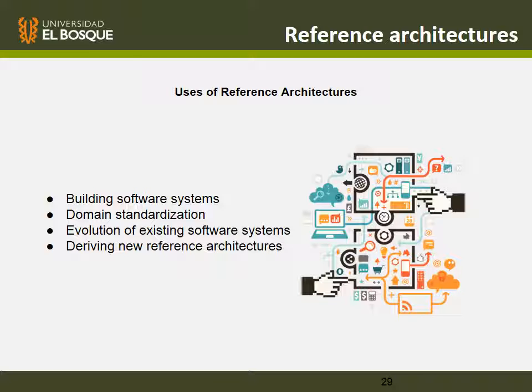Domain standardization. Reference architectures have been adopted as a means to understand software systems of a given domain. This standardization has occurred in the interfaces among subsystems that must establish communications, composing a more complex, larger system. Evolution of existing software systems.